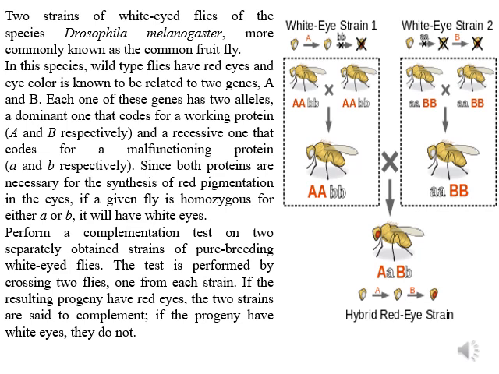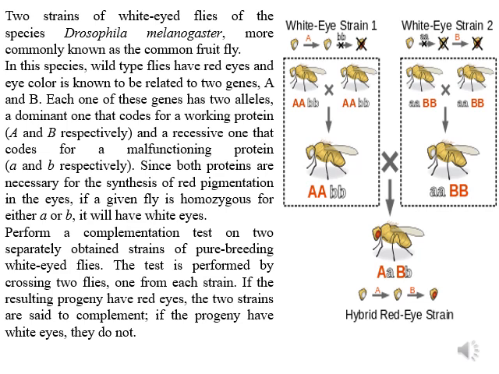So in both cases, the organisms have a mutant phenotype. The wild type phenotype is a red-eyed Drosophila. Here it is white-eyed, and bear in mind two genes are involved, capital A and capital B. Now look at the genotypes of these organisms. In strain 1 it is capital A, small b, and in strain 2 it is small a, capital B.